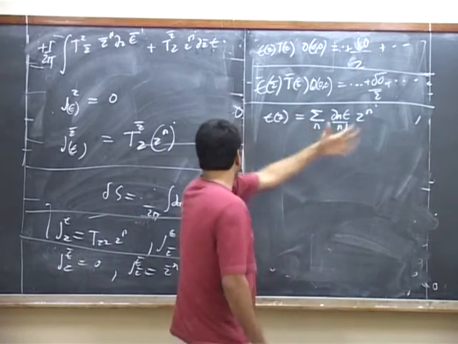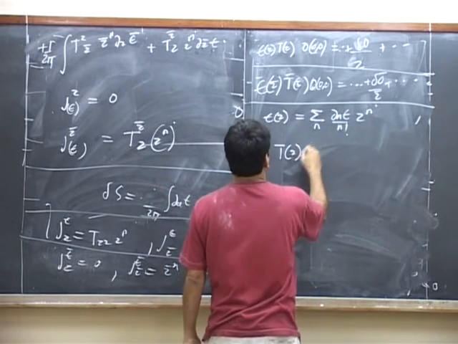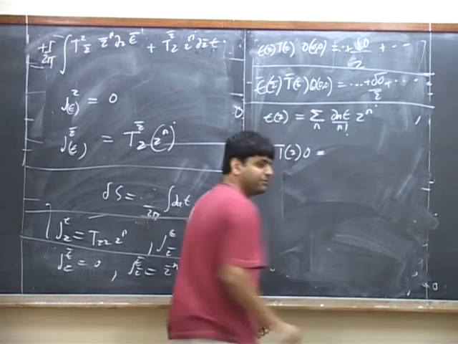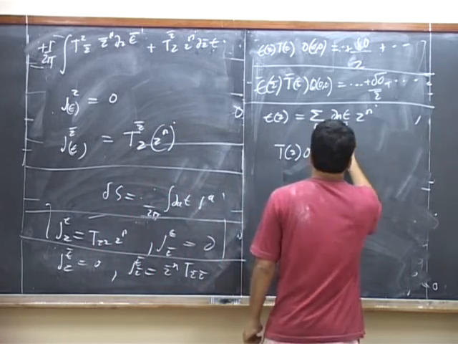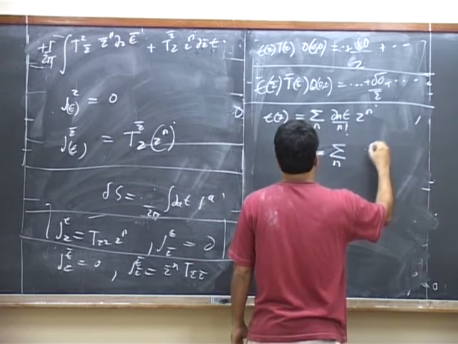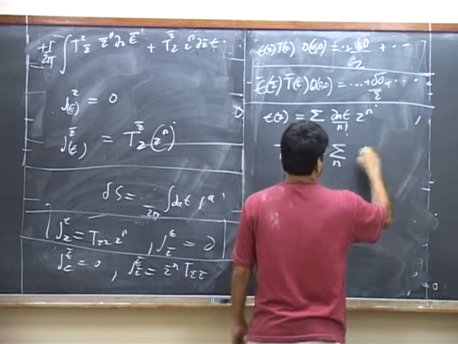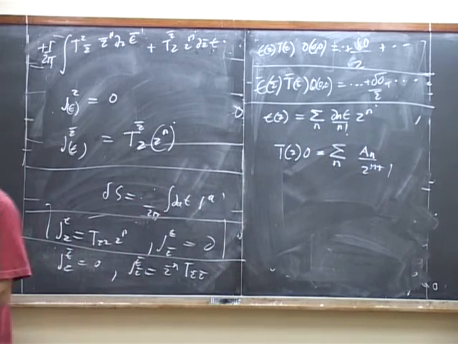And suppose T(z) with O has the following singularity structure in correlation functions, namely, it's the sum over n of a_n by z to the power n plus 1.